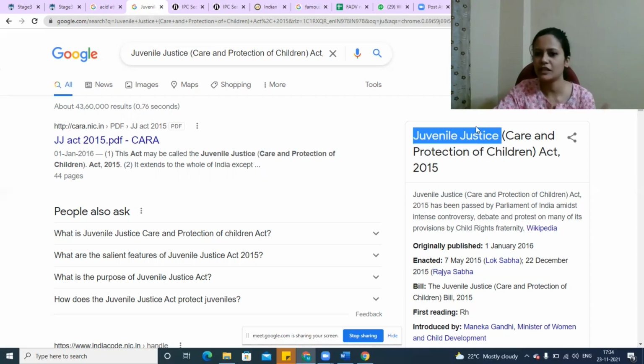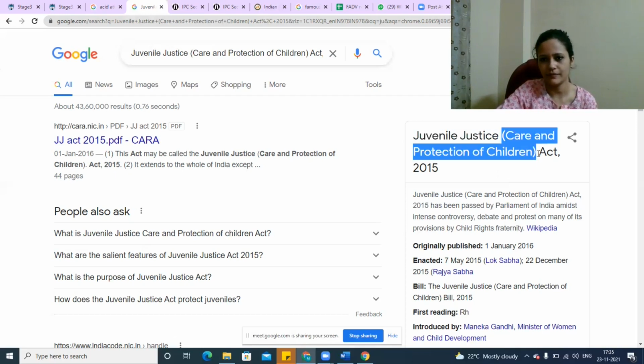If not, he will get the protection of the Juvenile Justice Act. That was again nothing but addressing the problems which existed previously. This was a major change, and this is a very good example that you can write in your exams also. Even if you do not remember this part, you can simply mention the Juvenile Justice Act, okay?